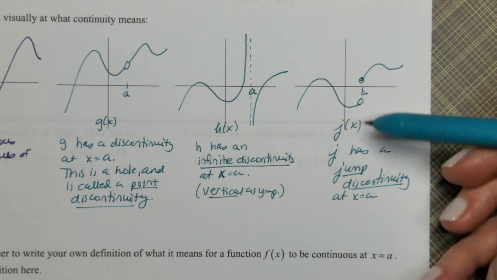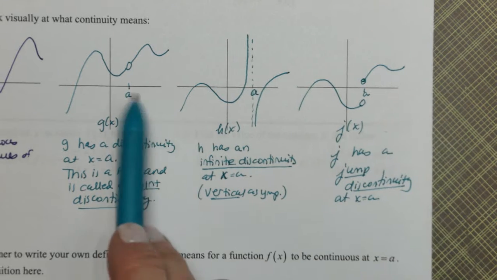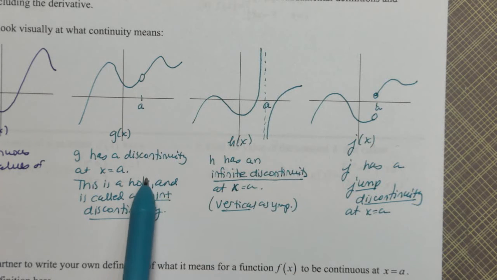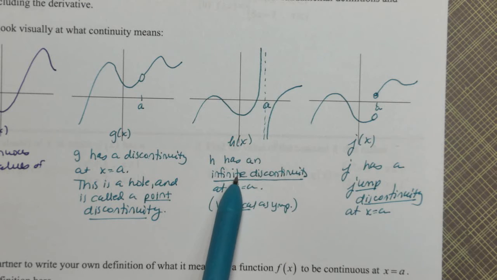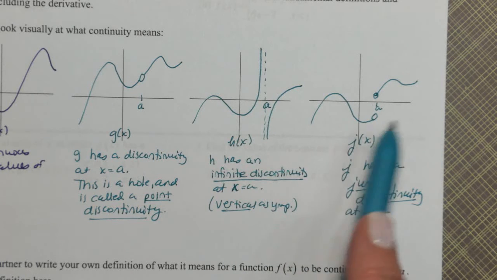It makes sense that they would call that a jump discontinuity. So these are the three types of discontinuities that you might see: a hole, which is a point discontinuity, a vertical asymptote, which is an infinite discontinuity, and a jump discontinuity.